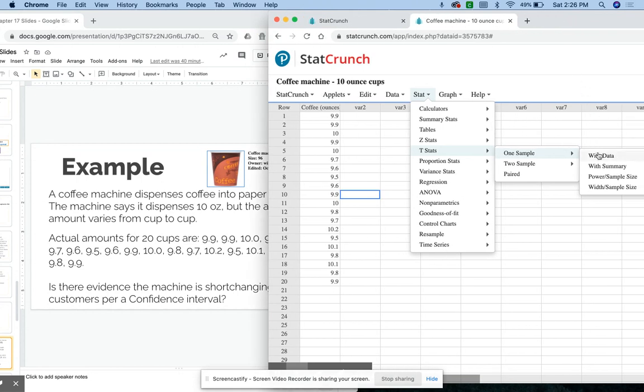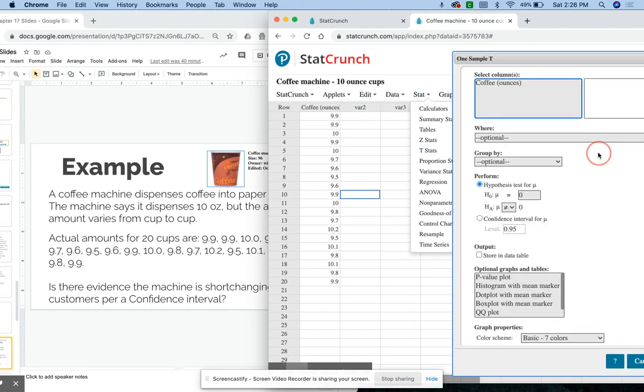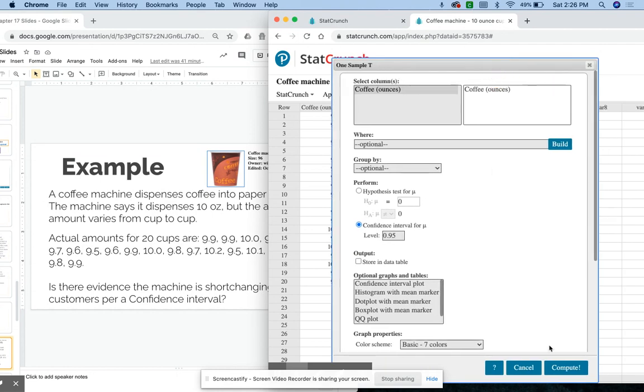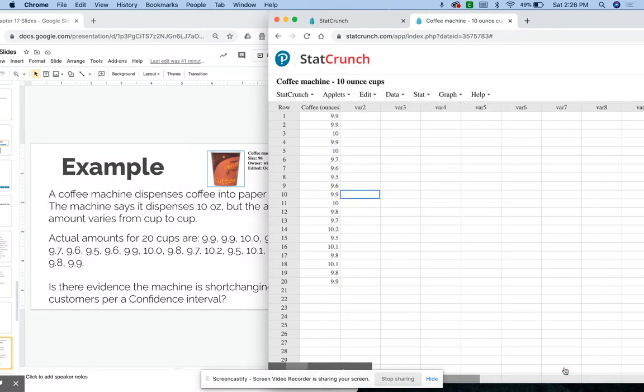If you don't have the summary information and you have the raw data, that's the only time that you would click with data. And then in that case, you would just select the column that the data is in and then select confidence interval. And for this one, it doesn't specify confidence interval, so I'm going to leave it for the default of 0.95 and click compute.